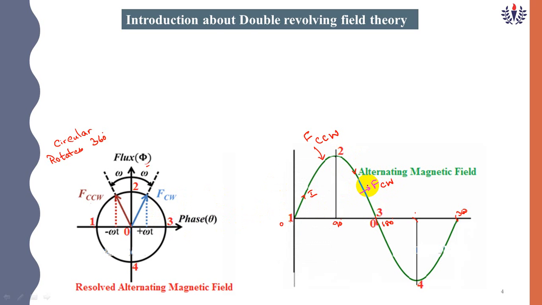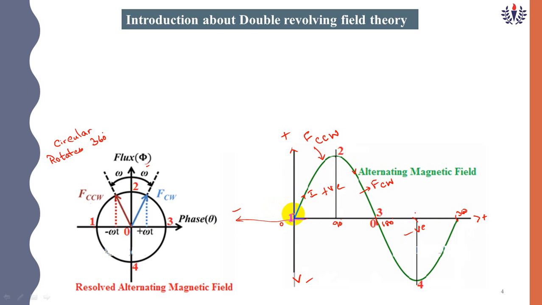Do you understand my point? In the waveform this is the positive quadrant and this is negative, because in our graph paper it is positive and negative.